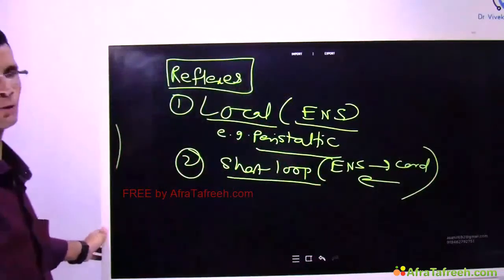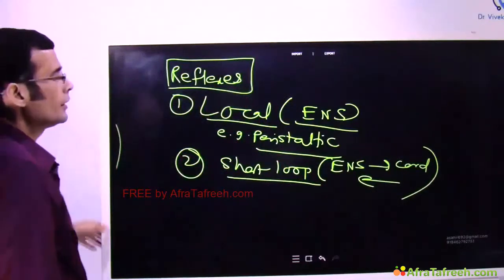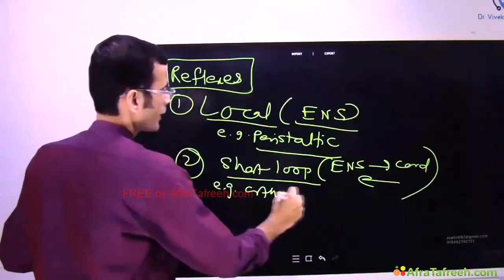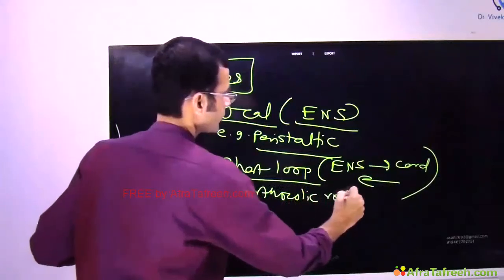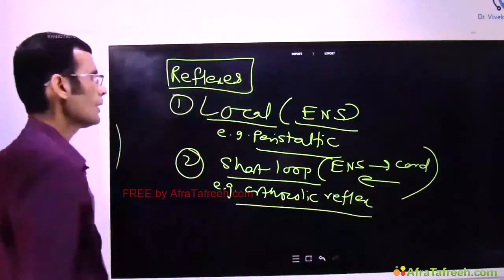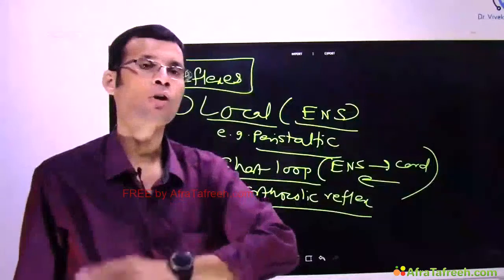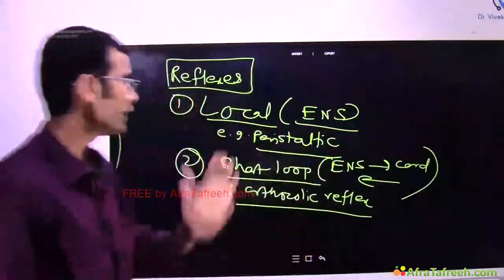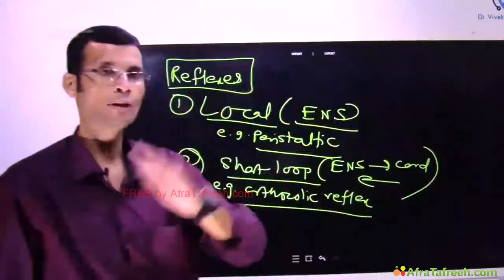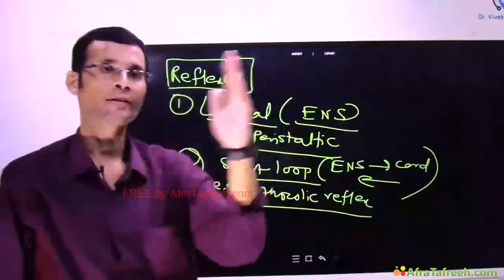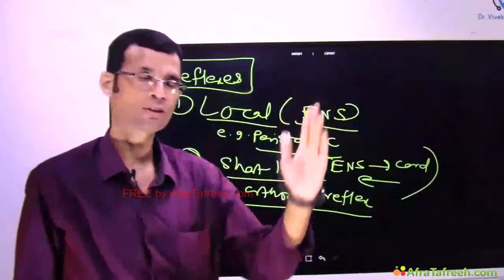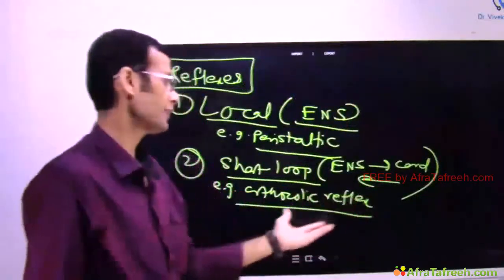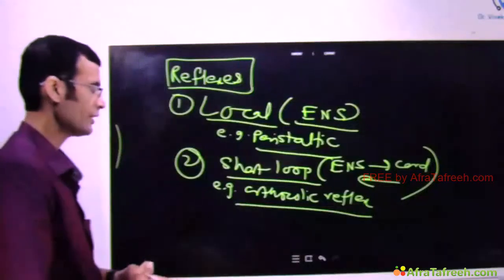Orthocolic reflex would fit into this category because when the position is changed from lying down to standing, it would initiate what is called orthocolic reflex. Upon going into the straight upright position, the contractions will be initiated. That's the defecation process being initiated.